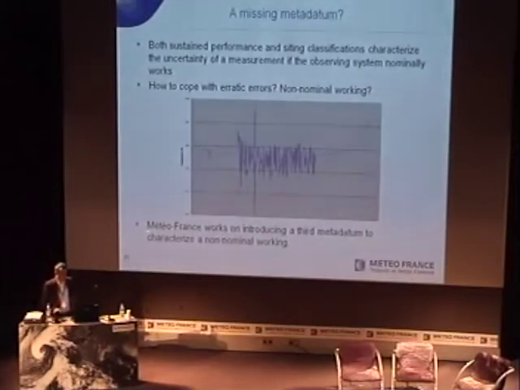So we saw that we have two main metadata to figure out the uncertainty associated with an observation.